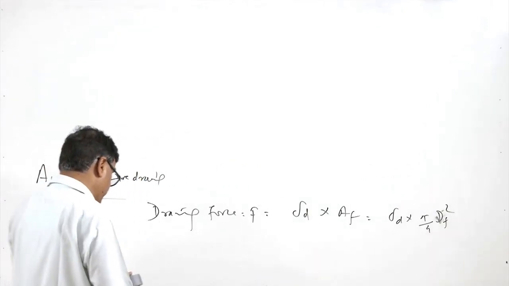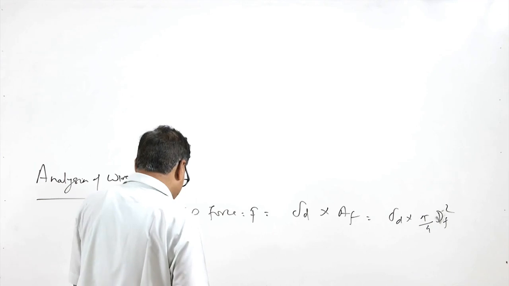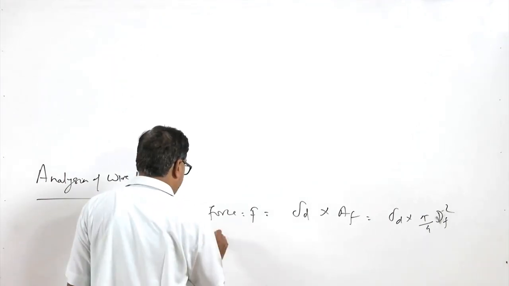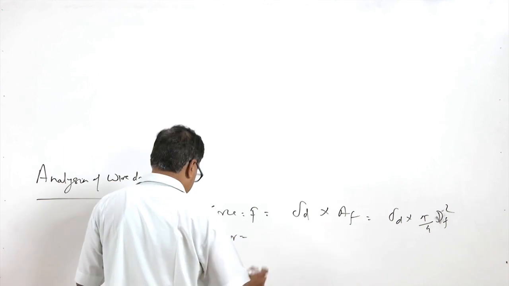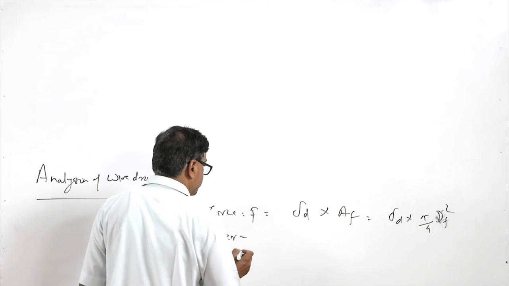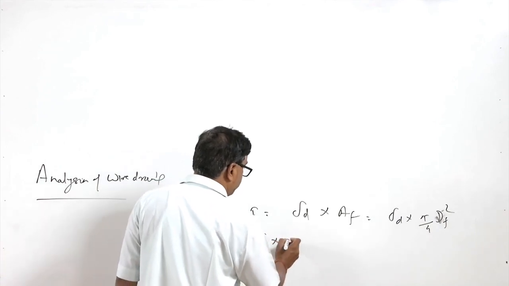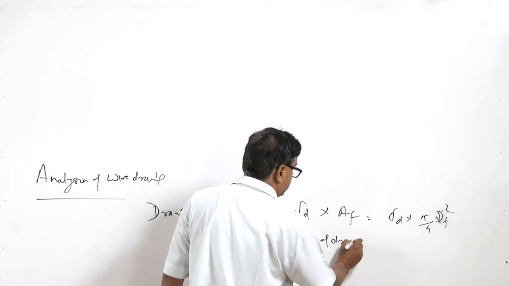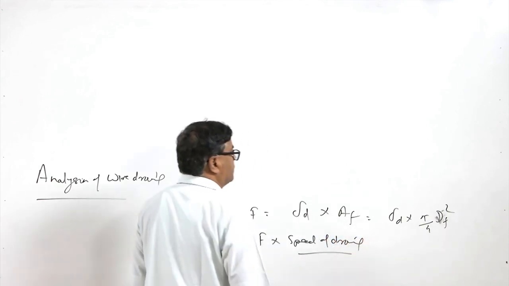So, this is how we can determine the drawing force, and to determine the power consumed in the drawing process, we take the force multiplied by the speed of the drawing, the speed at which the metal is being drawn.